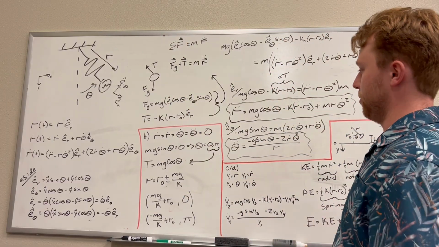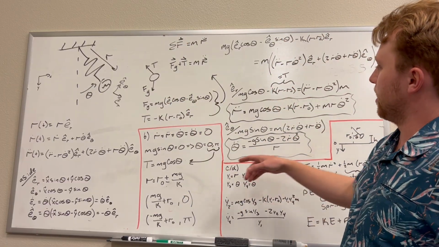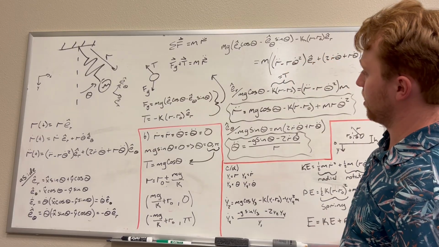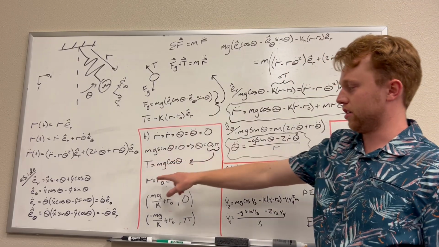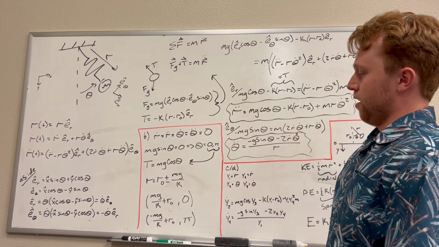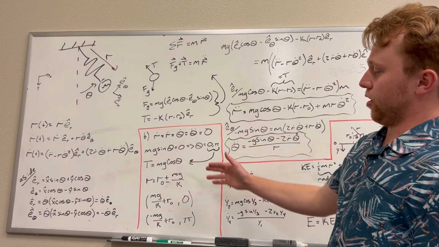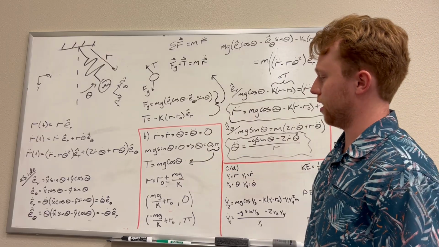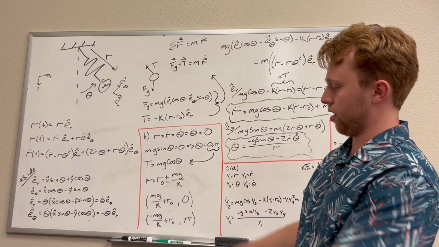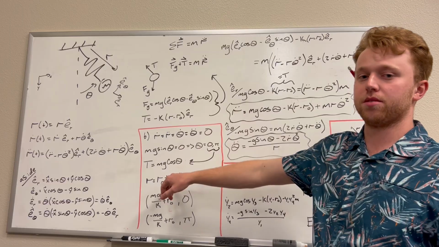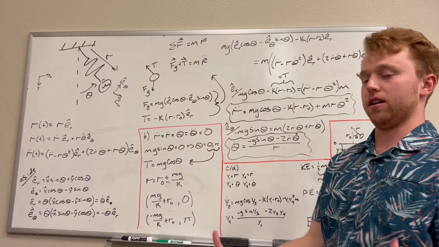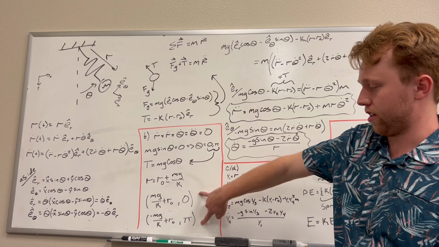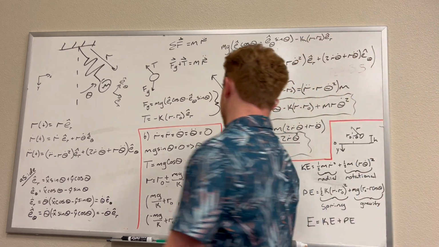Mathematically, I define the tension term from the spring as just T. So that's when T is equal to mg cosine theta. You plug in 0 and pi for theta, and after some algebraic manipulation you essentially get R naught plus or minus mg over k as the equilibrium point. Those are the two coordinates right there. So that's how I did that.